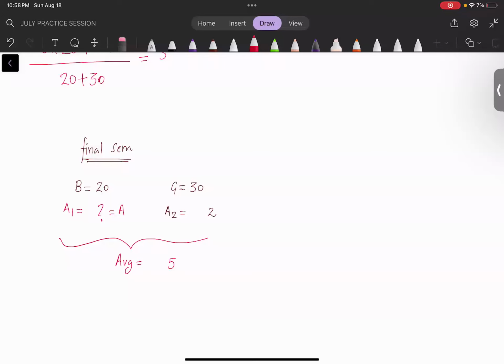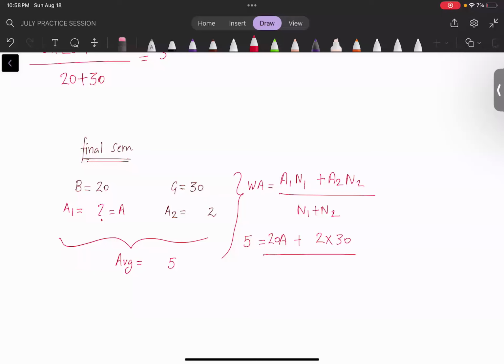So if I apply the formula A1 N1 plus A2 N2, weighted average 5, A1 value A, N1 value 20, plus A2 value 2, N2 value 30, divided by N1 plus N2, that is 50.